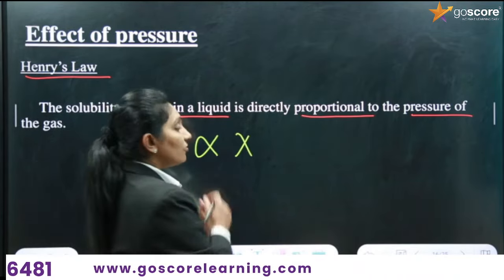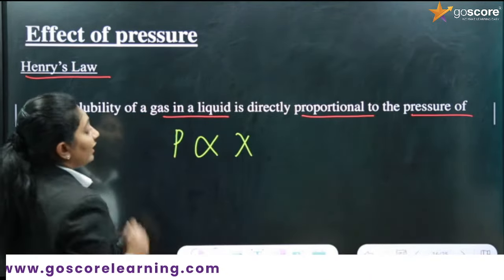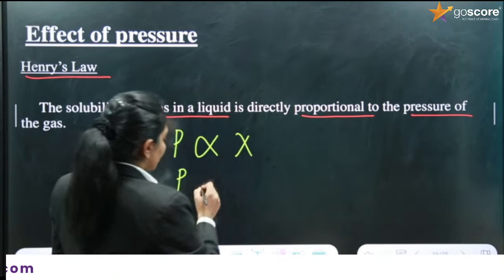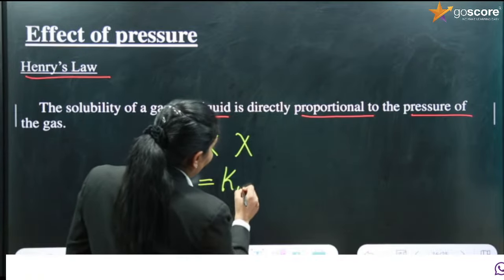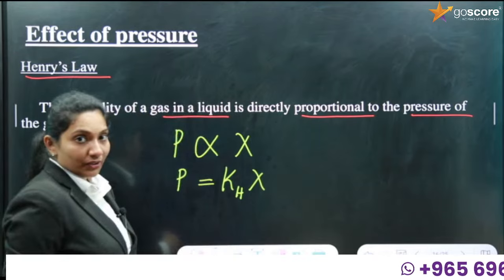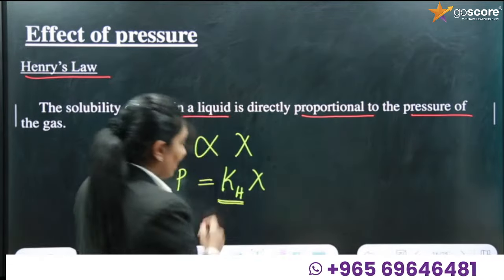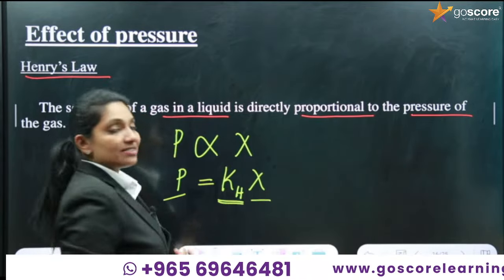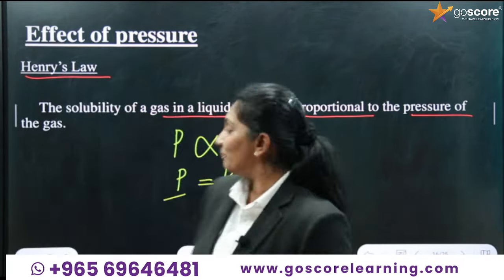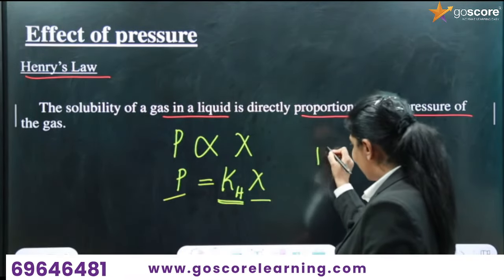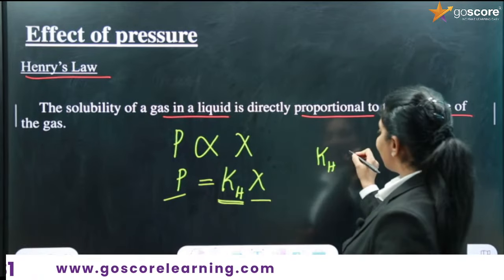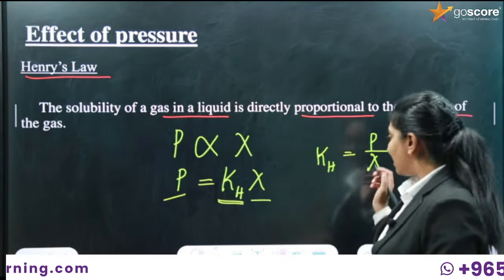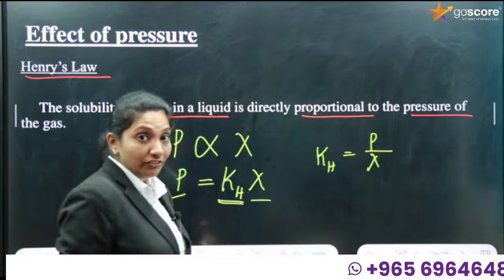We express it in mole fraction. So when we change the proportionality constant, we can say P is equal to KH into chi. Here the constant KH is the Henry's constant, P is the pressure of the gas and chi is the solubility of gas. So Henry's constant is equal to pressure divided by chi, that is pressure divided by the solubility of gas.